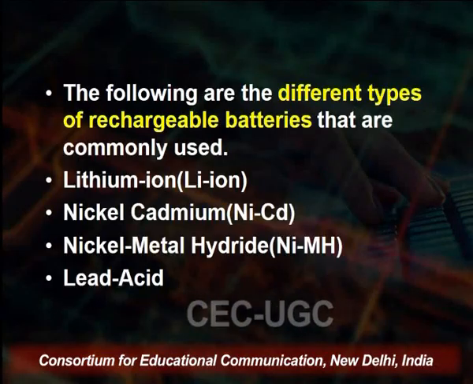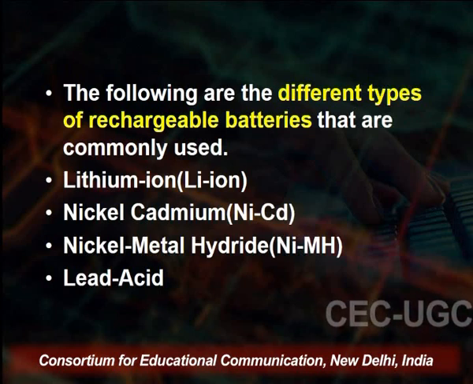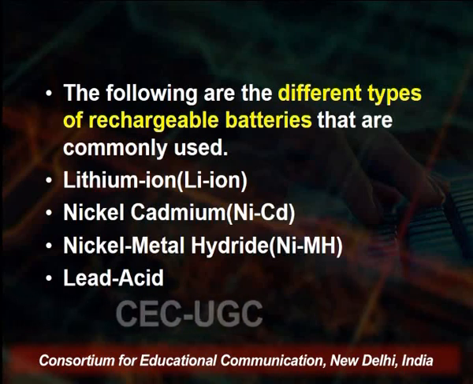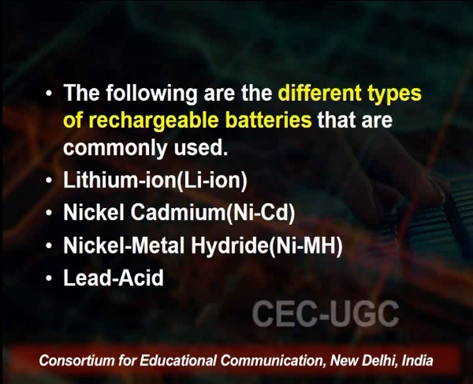So we have the following different types of rechargeable batteries, that is the secondary batteries, which are commonly used. One is the lithium ion, that is Li-ion. Second is the nickel cadmium, that is NiCd, and next is the nickel metal hydride battery, that is NiMH, and next is the lead acid battery.